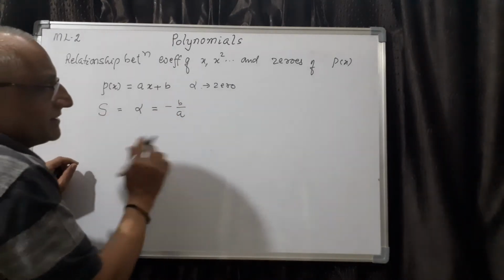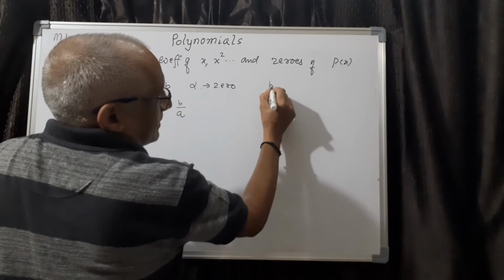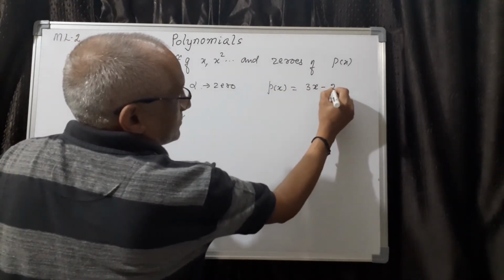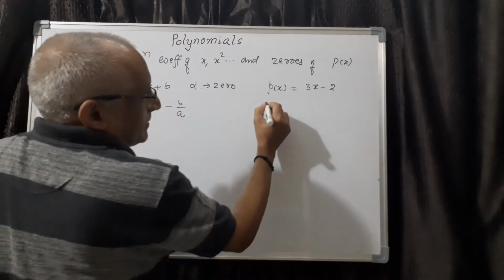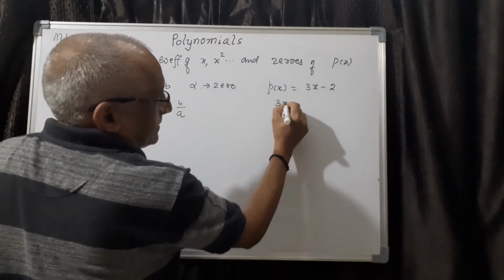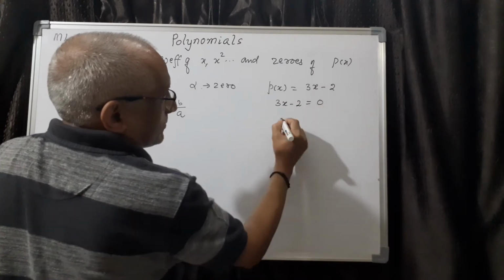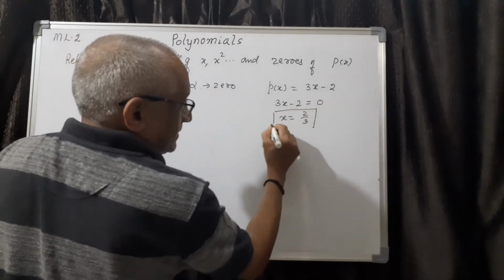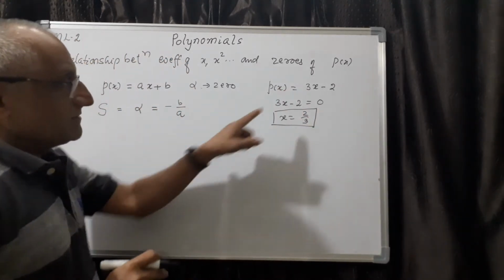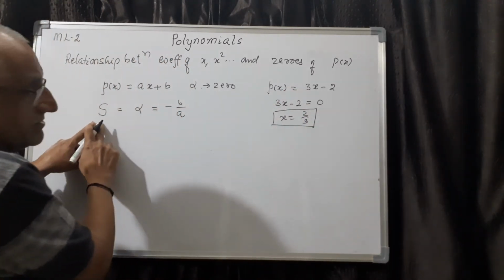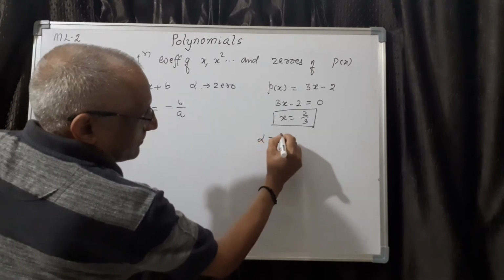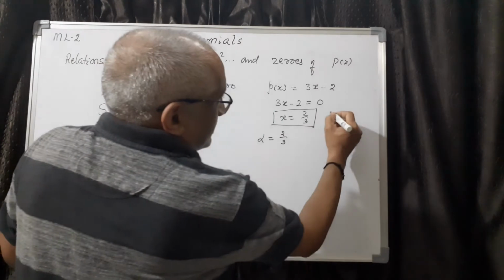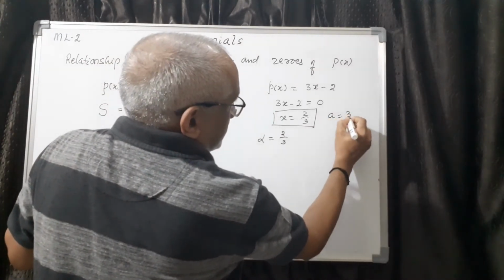You can check here. Even you can take an example. Let us say p of x equal to 3x minus 2. Then of course, when you take 3x minus 2 equal to 0, x will be 2 by 3. Actually, x equal to 2 by 3 is the zero of this polynomial. Therefore, I can take alpha equal to 2 by 3. Second, you see here, what is a? A is 3.